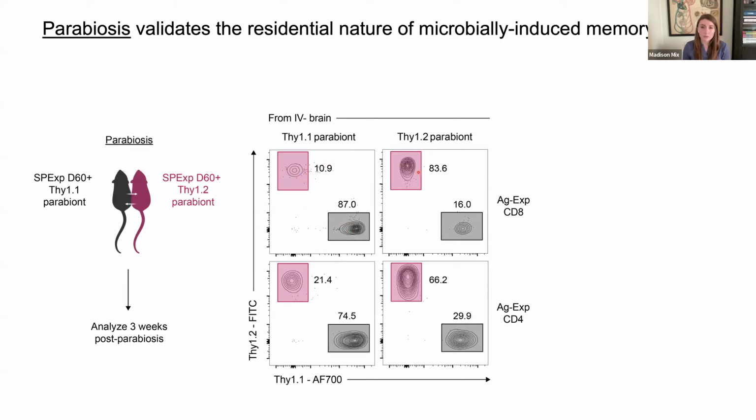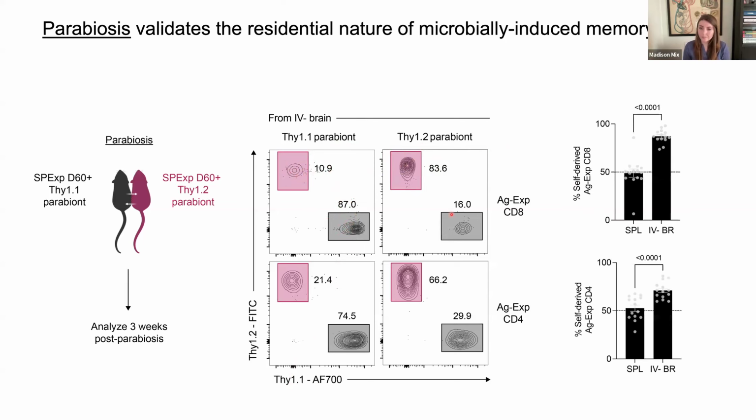Most of these cells are of self-origin, but not all. And so what I think this summary data really shows us is that many of these cells are going to be resident in nature. But despite these ideas of immune privilege, I do think that there are circulating memory T cells that are maybe able to dip in and out of the brain occasionally and circulate through this tissue.